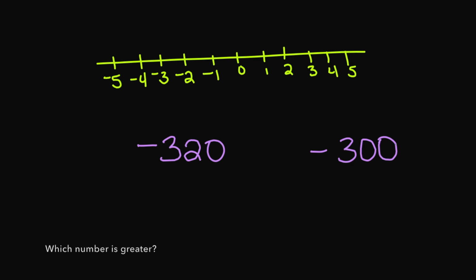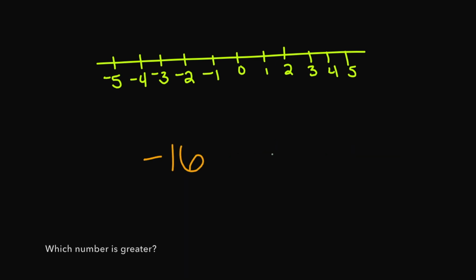Let's look at this example here, -320 and -300. In this example, -300 is greater than -320. Negative 16 and negative 13. Negative 13 is greater than negative 16 because negative 13 is closer to 0 than negative 16.